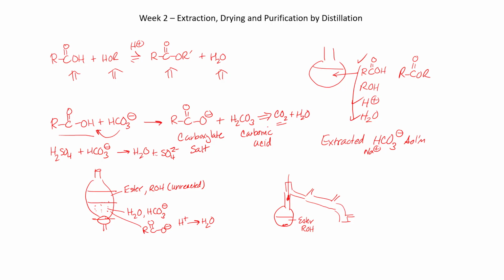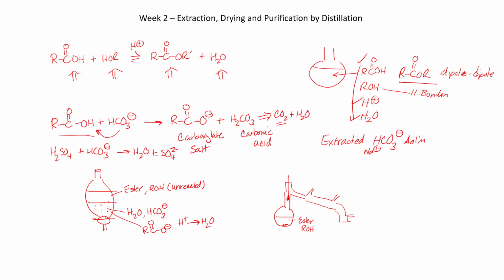Now, when we're doing our distillation, we hopefully would have separated these two, because an ester is a dipole molecule, a polar molecule, and so at best it would have had dipole-dipole interactions, whereas the alcohol has hydrogen bonding.